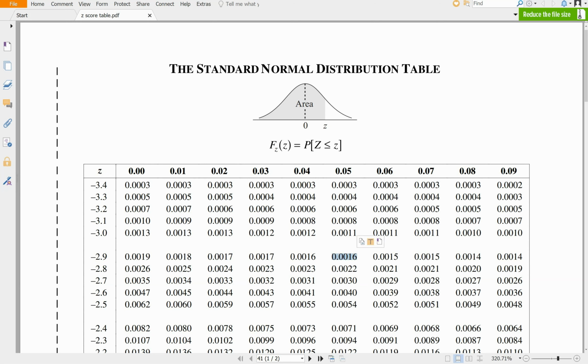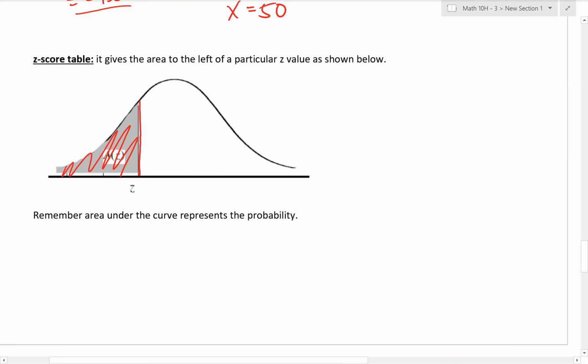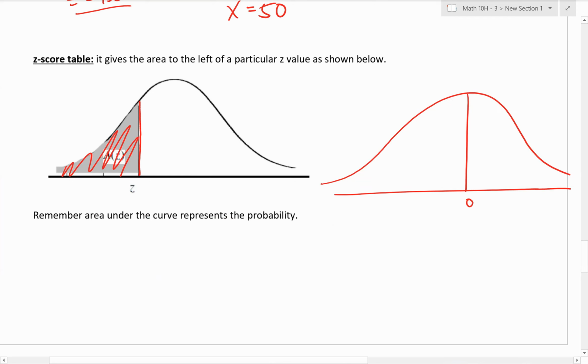So the area under the curve to the left of negative 2.95 is 0.0016. What I meant was this. Let's say this is the mean, that's 0. Negative 1, negative 2, negative 3.